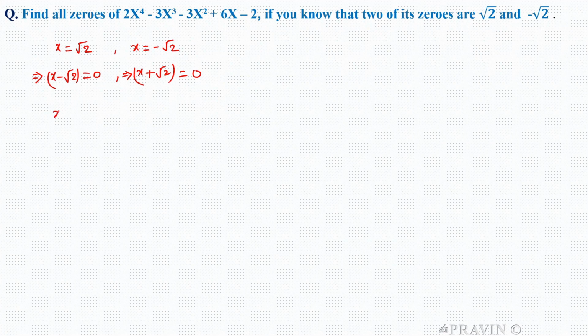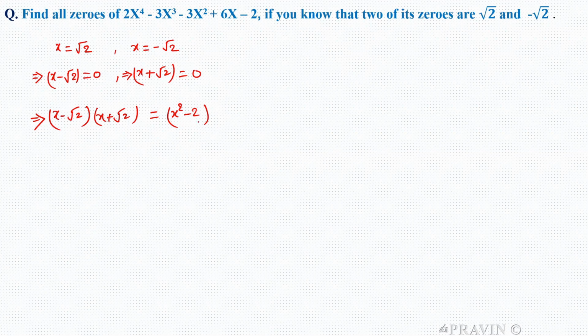You will get x minus root 2 and x plus root 2. If you recall the identity a square minus b square is equal to a minus b into a plus b, from that you can write here x square minus 2. This is the new polynomial after multiplying these two.